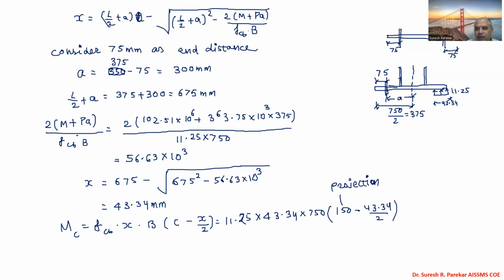So 11.25 and into this X 43.34, width we have 750, and then we have the distance from center to this.